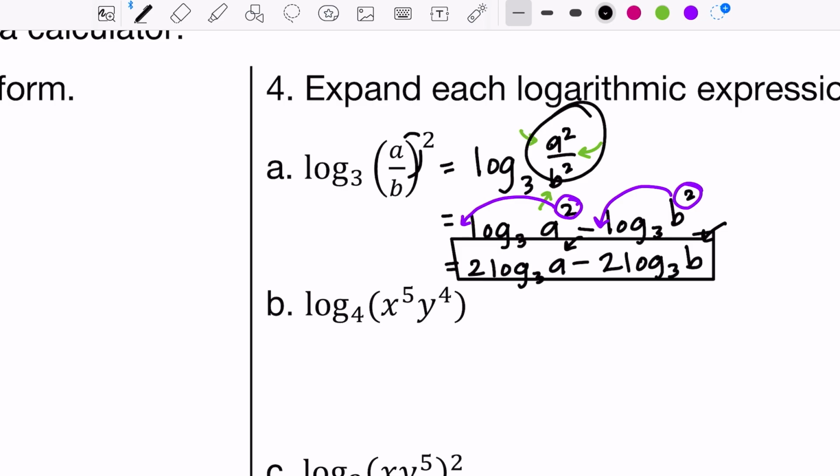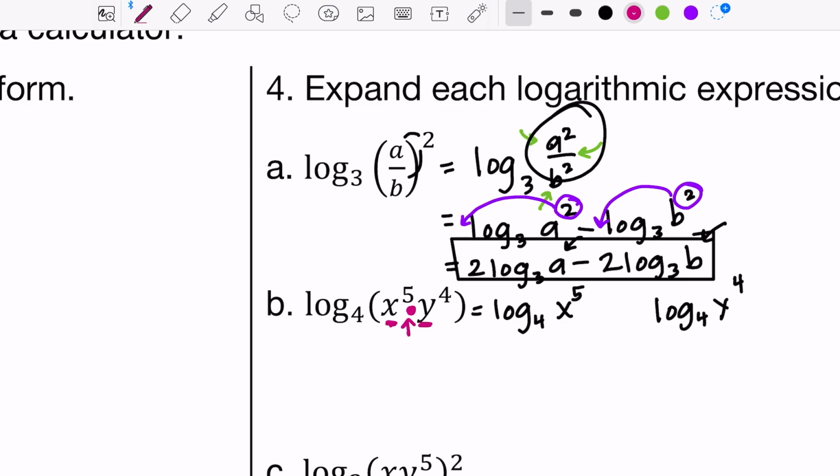Next one, we're going to notice that we have multiplying going on here. And notice that we don't have an exponent outside here, so we don't need to shower the power like we did with this 2 up here. Okay, so we have a base of x and a base of y, so that means we're going to need 2 logarithms. So log base 4 of x to the 5th and log base 4 of y to the 4th. What goes in between?